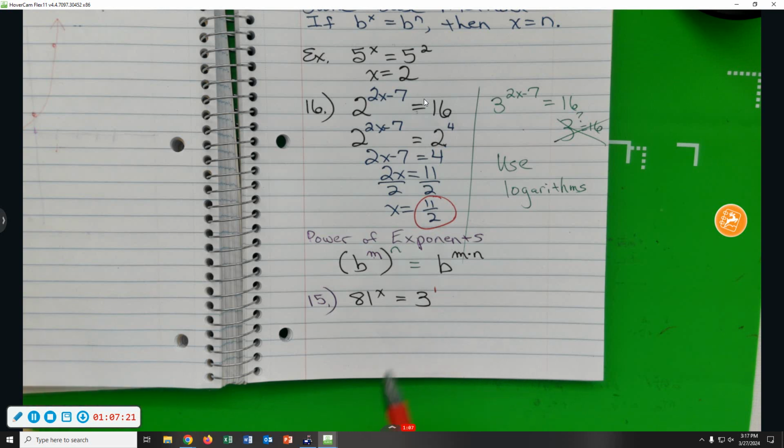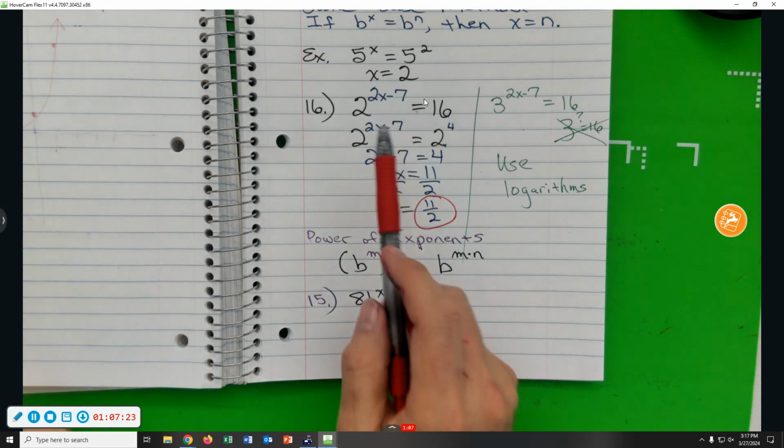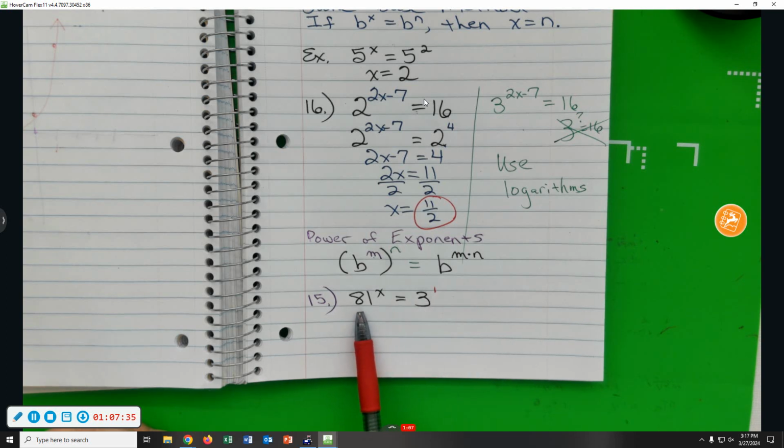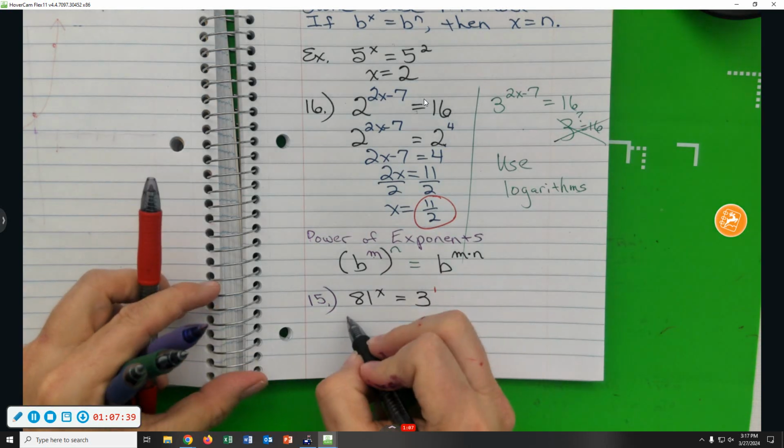I generally start with the smaller base. Like up here, I started with the 2. Here, I'm going to start with 3. 3 is a prime number. You're not going to change 3. So you better be able to write 81 as 3 to a power.